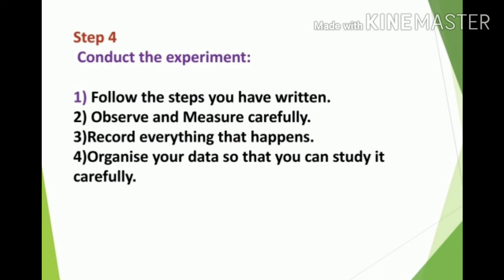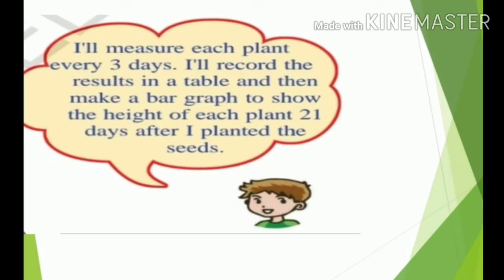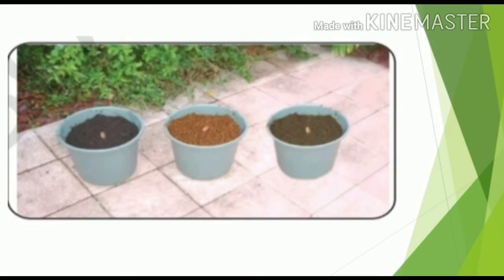Okay, in the case of Aravind, how he plans to conduct the study is: I will measure each plant every 3 days. Then he is thinking to record the results in a table form, and to make a bar chart or graph. He is thinking in this way.